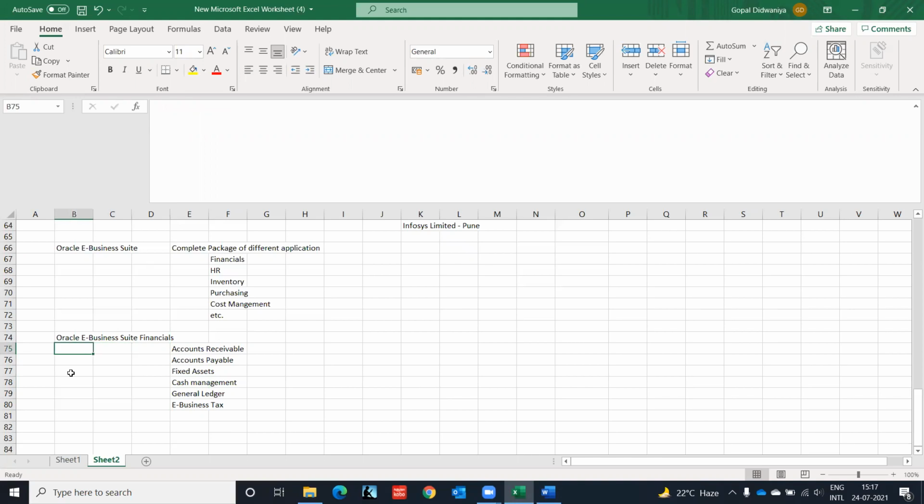So our purpose is to deal with all these modules in the financials.